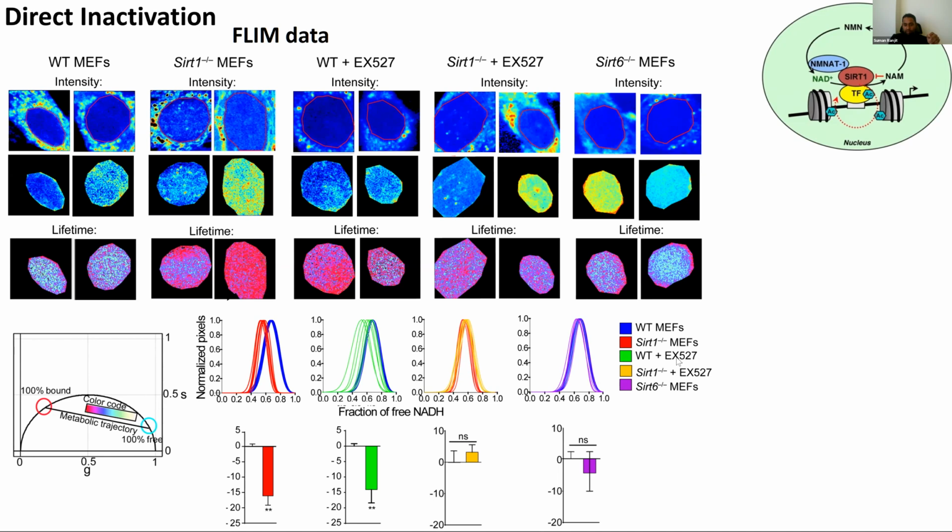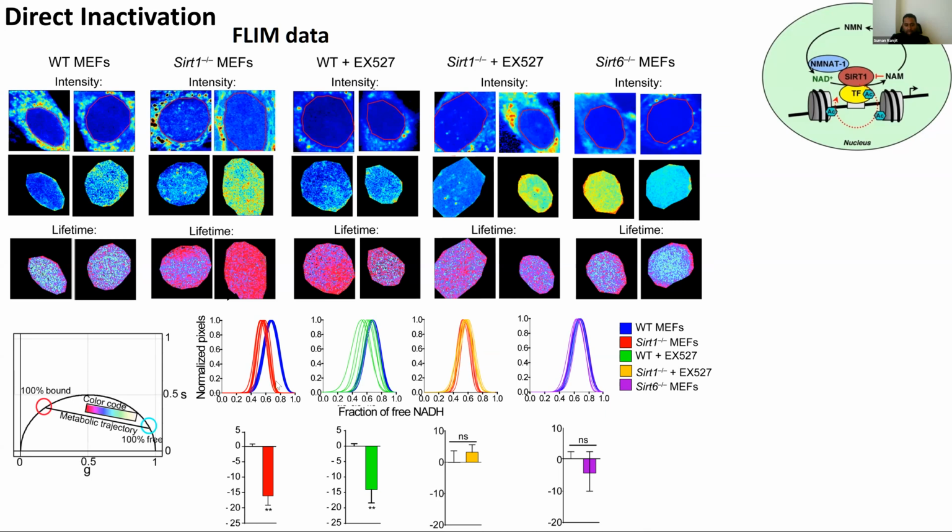And then if you add the EX527, you see a timing-wise shift in the metabolic behavior with SIRT6, with this blocking SIRT1. So we can actually control the metabolic behavior by blocking SIRT1. But if you add that to SIRT1 negative cells, nothing changes, which is also expected.